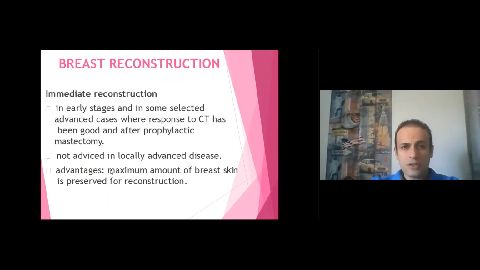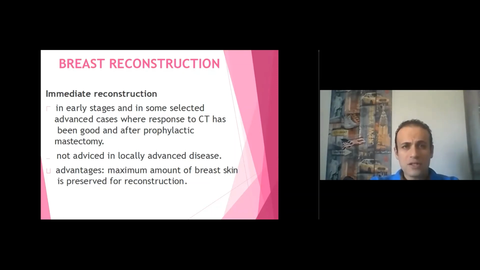Immediate reconstruction means that we do it directly after the operation of tumor removal or breast removal, in parallel after removal of the tumor, at the same session, at the same operation.